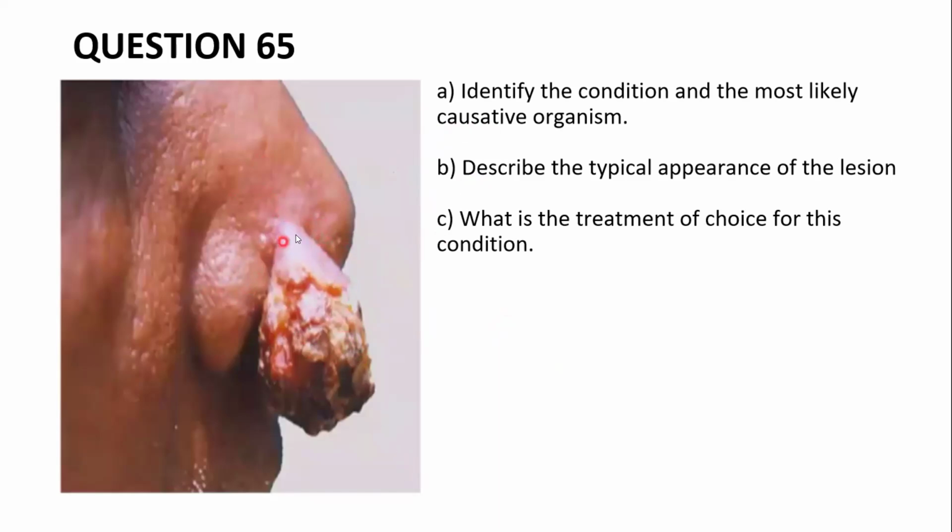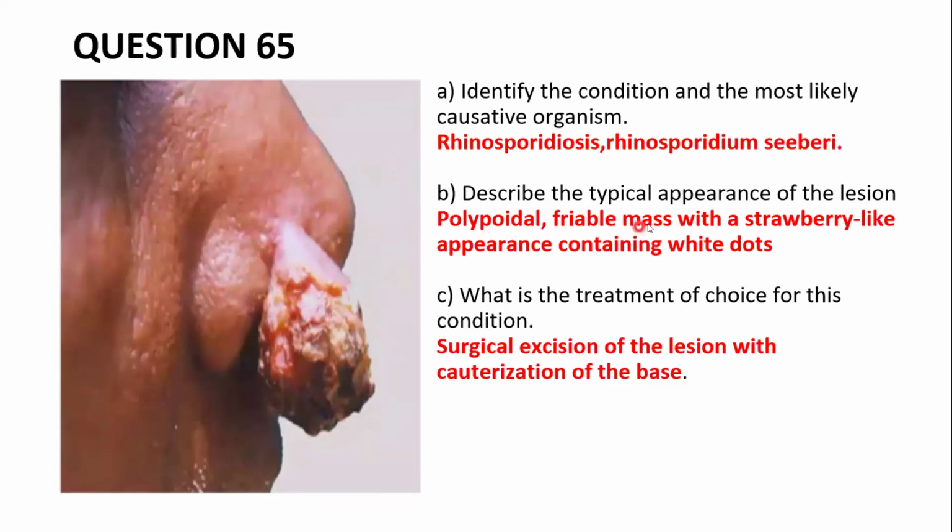You just cut it, okay? We call it surgical excision. It's a polypoidal friable mass with a strawberry-like appearance containing white dots, so you can just mention what you see. Then we do surgical excision of the lesion with cauterization at the base. We use the laser technique where we cut here and remove it. Okay.